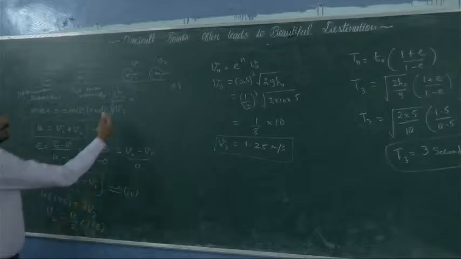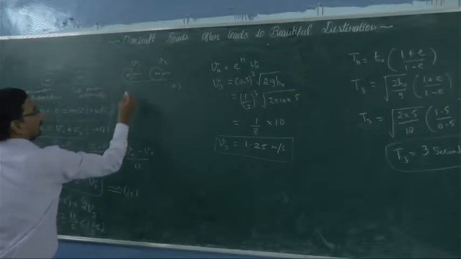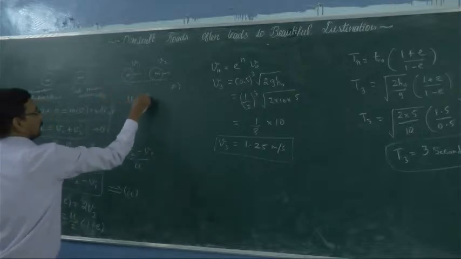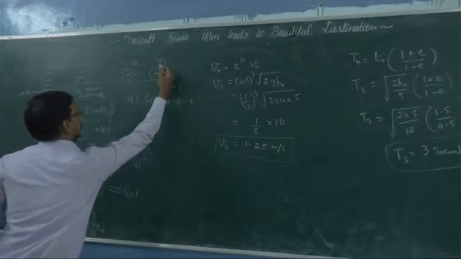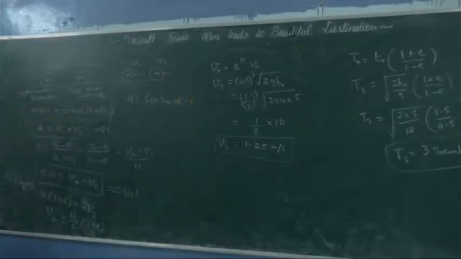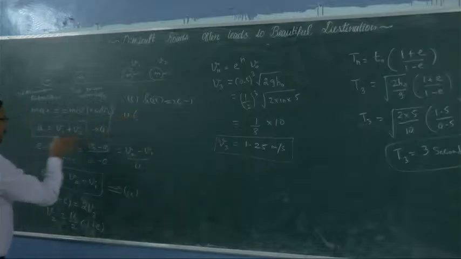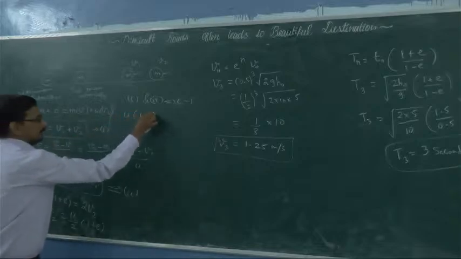Similarly, by subtracting equations 1 and 2, what answer will come? Subtract equation 1 minus 2. u is common, so the remaining term is 1 minus e.